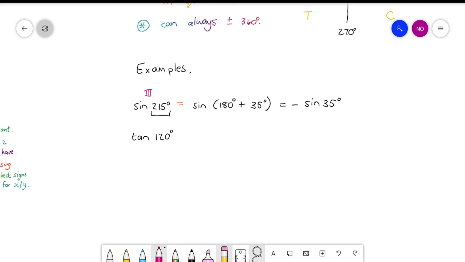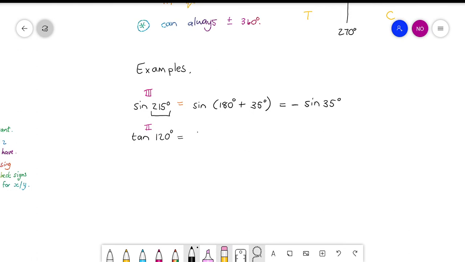First step, in which quadrant? Two. It's between 90 and 180. Okay.